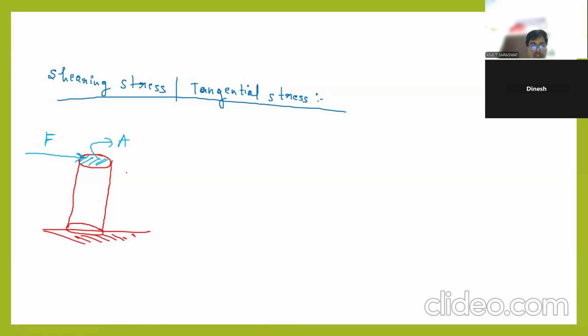Then here what is stressed? Because you can see molecules initially like this when it is not stressed. After some time you will observe it will go like this.